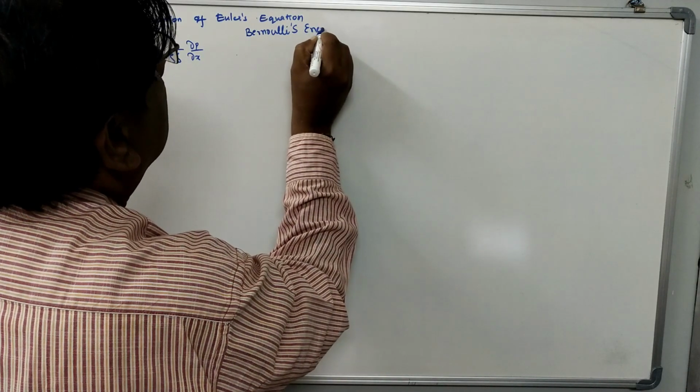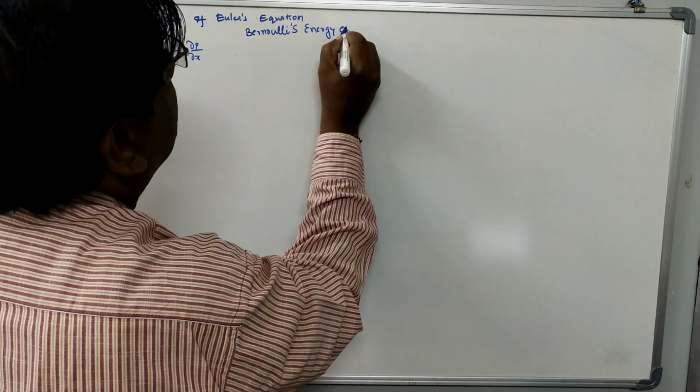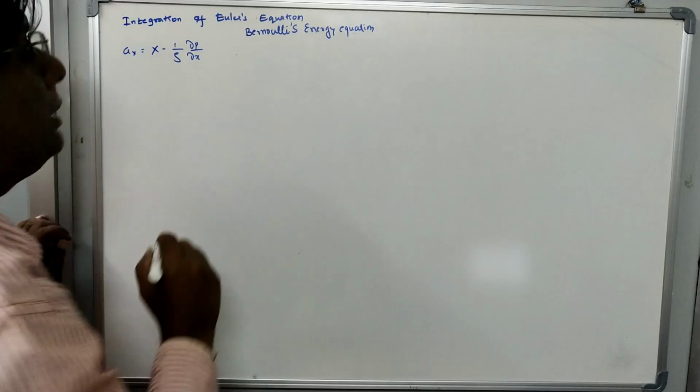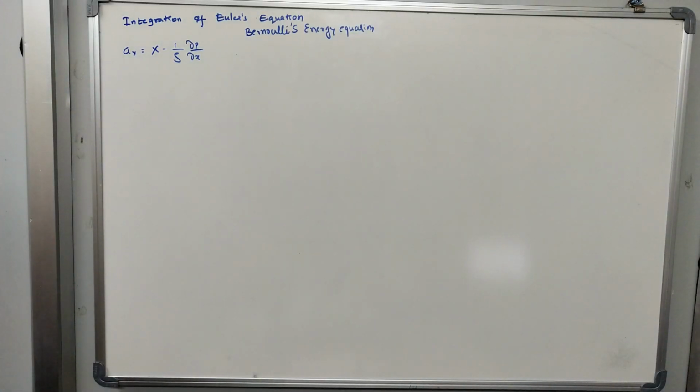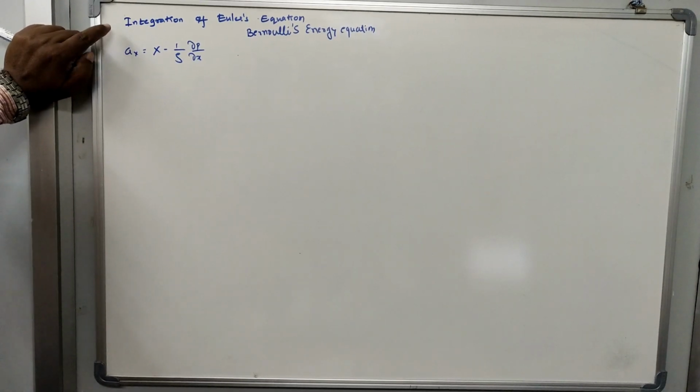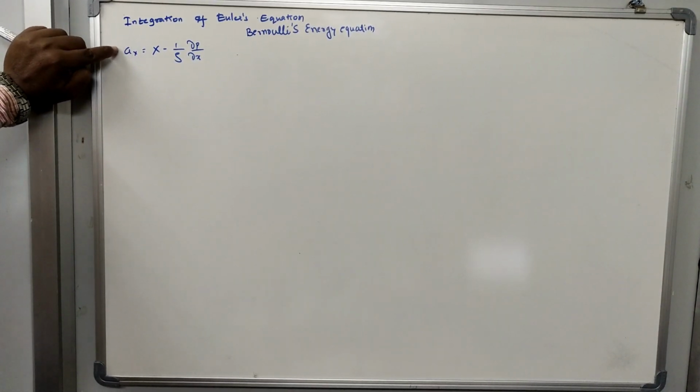In the last class, while deriving the Euler's motion equation, we derived the equation based on the law of conservation of momentum.